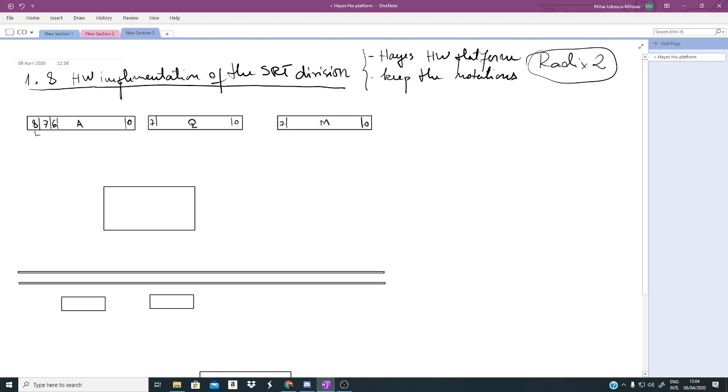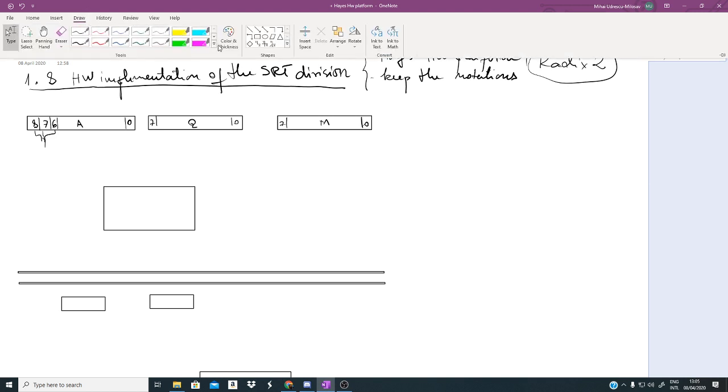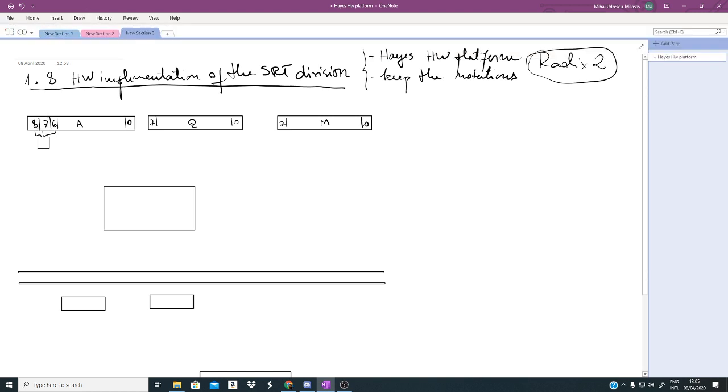And these three signals are fed to the control unit.